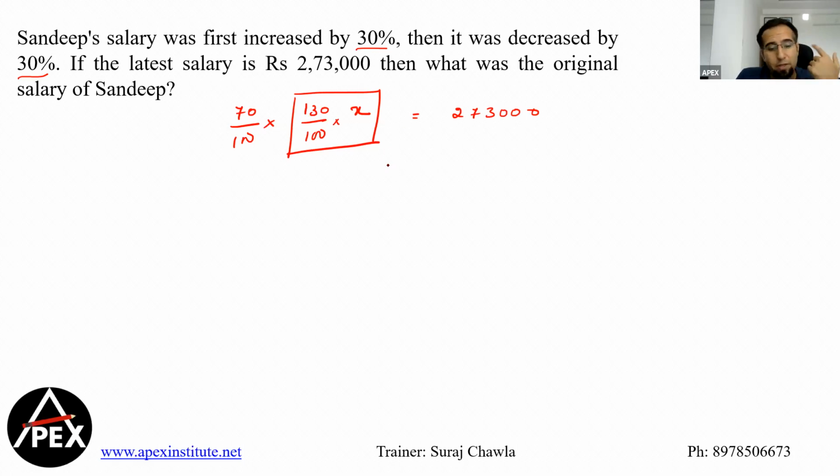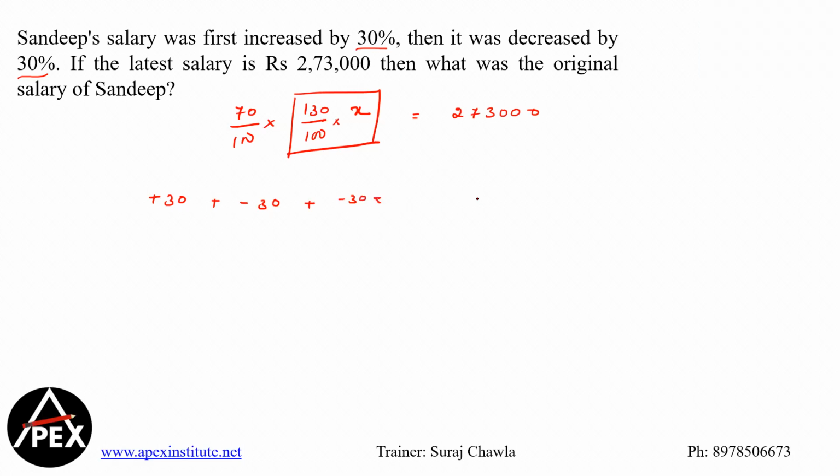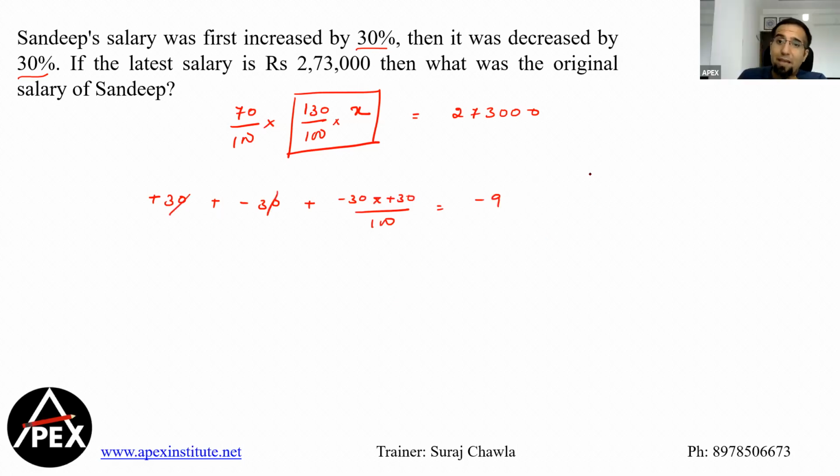You can go by another method also. The other method is there's an increase of 30%, there's a decrease of 30%. That means minus 30 into plus 30 divided by 100. So if you observe, this gets cancelled. So there is a 9% drop. With a 9% decrease, what is the multiplying factor? Multiplying factor becomes 100 minus 9 by 100.